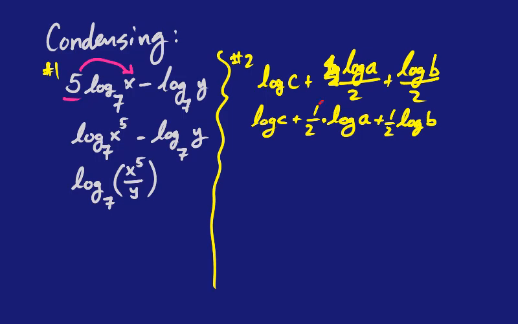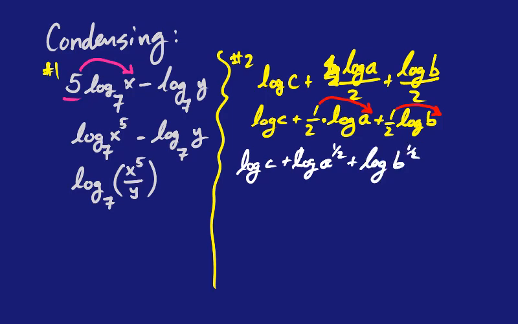Now we have coefficients. We could turn them into exponents. And so we'll have log of c plus log of a to the 1/2 plus log of b to the 1/2. And we're going to multiply all that together.